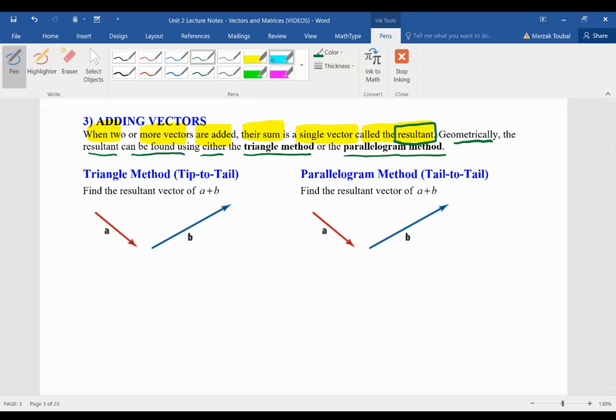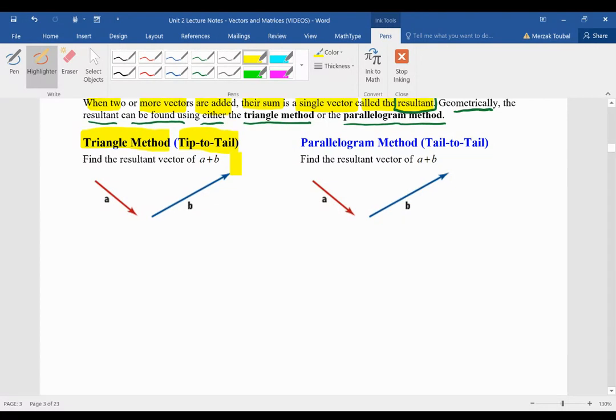All right, let's start with the triangle method. The triangle method is also called tip to tail, or how it works really is tip to tail. So what does that mean? All right, I'm gonna draw it over here separately.